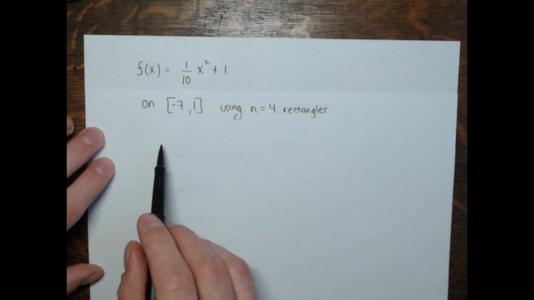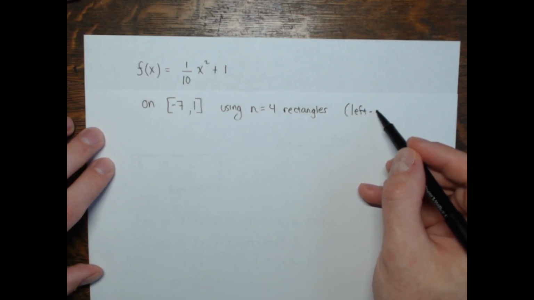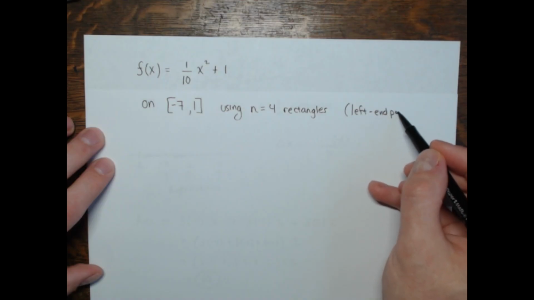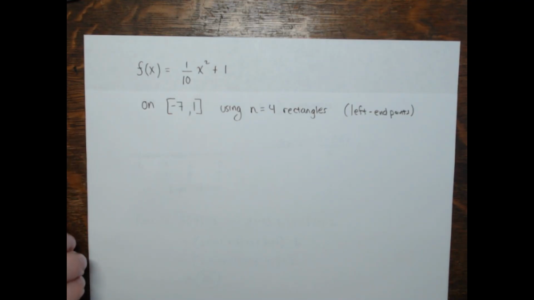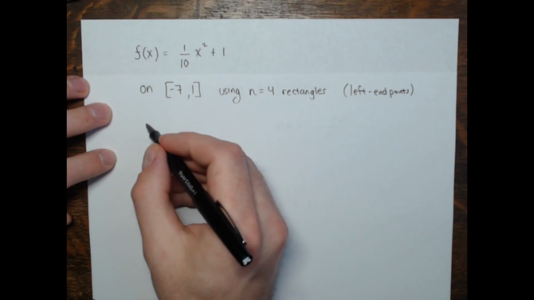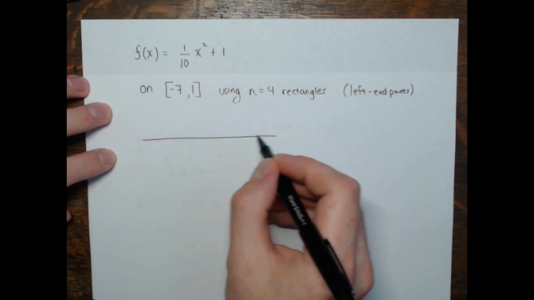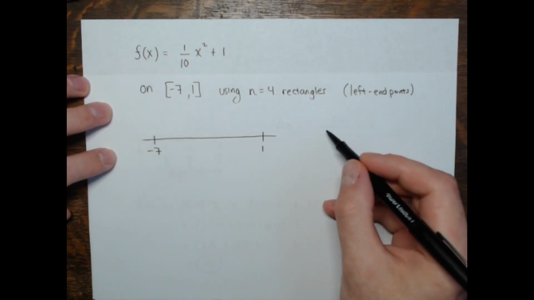And they want us to do left ends as well, right? So that's a little different. Left endpoints, right? It says you make a left endpoint approximation, or write a left Riemann sum. So again, I'll think of the interval we got from -7 to +1.